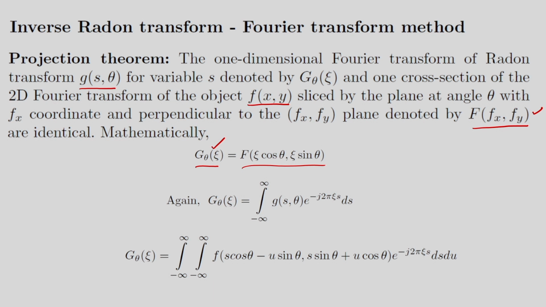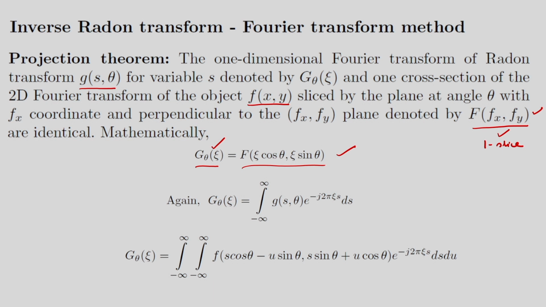After this we consider one slice of this Fourier transform, the slice by the plane at an angle theta with the f_x frequency coordinate, and perpendicular to the plane f_x, f_y. Then G_theta is equal to F(epsilon cos theta, epsilon sin theta). So this is identical. How to prove this one?